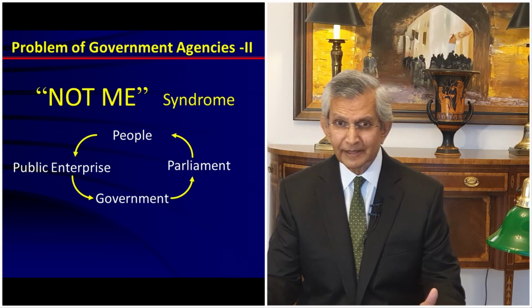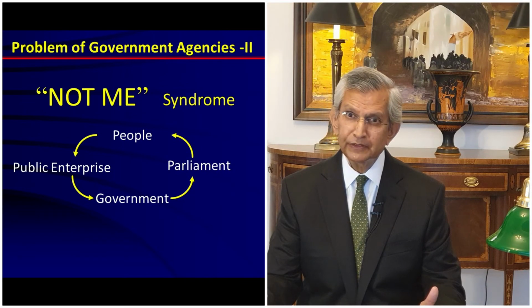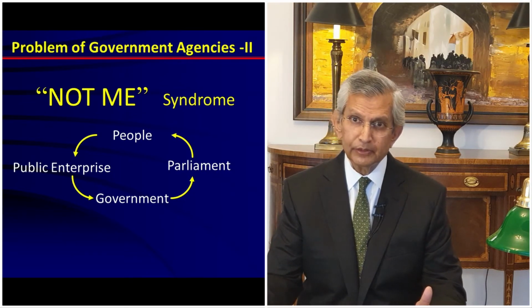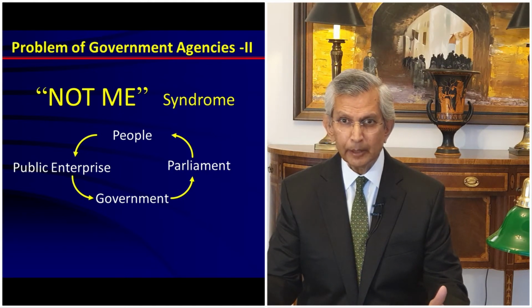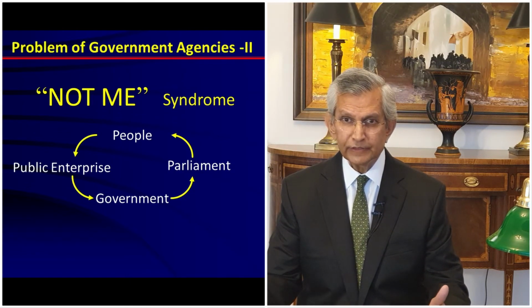So in a sense, it's the people who start complaining, and the entire buck gets passed back to the people. And this vicious cycle of passing the buck goes on ad infinitum. And in fact, this really is a problem why things don't improve, because no one is held accountable. And so this passing of the buck is another major problem.